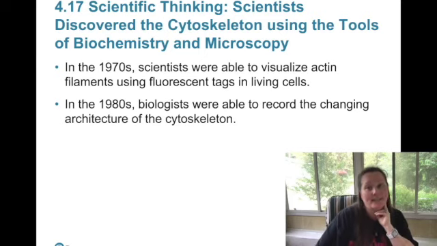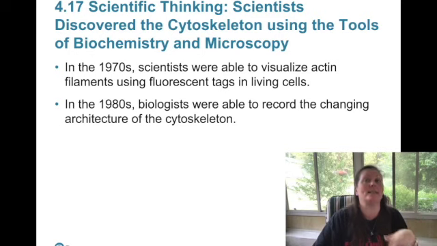In the 70s, they were able to visualize actin filaments using fluorescent tags in living cells. And in the 80s, biologists were able to record the changing architecture of the cytoskeleton. So this is an example of how science and scientists are continuously looking back at the same thing and gaining more and more knowledge.